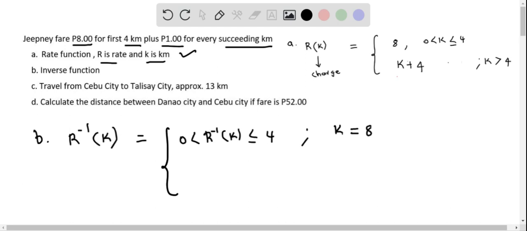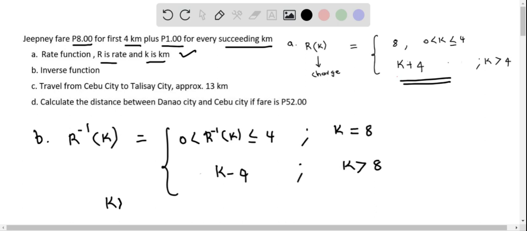Now considering the second part, we can write this inverse as R inverse of k equal to k minus 4. This is for k greater than 8. So this is the inverse function.